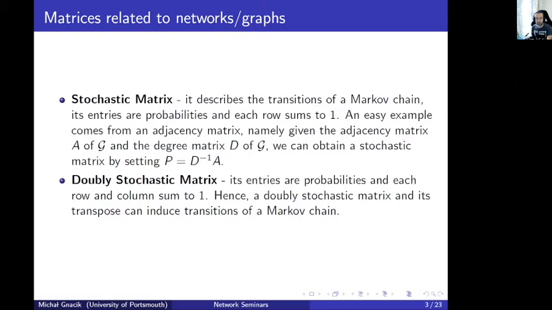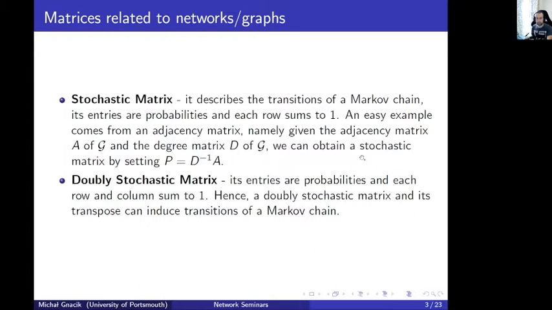So the transition matrix, the stochastic matrix, has different names: transition matrix, probability matrix. It gives you the transition of a Markov chain, so the probability of going from one state to another. The entries of the stochastic matrix are probabilities, so they are between 0 and 1, and each row sums up to 1.